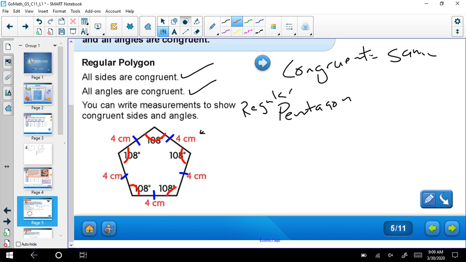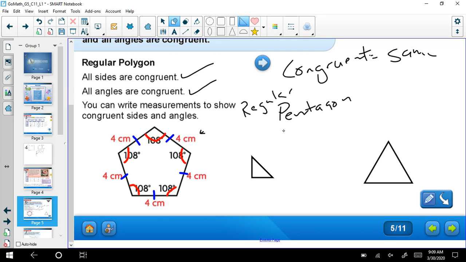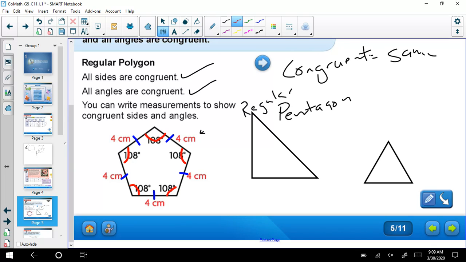Now we can see this happen with triangles. Sorry, that's not the one that I meant to draw. What I meant to draw was this one, right? So here, we take a look at this. Right here, we have these two sides that are going to be the same.